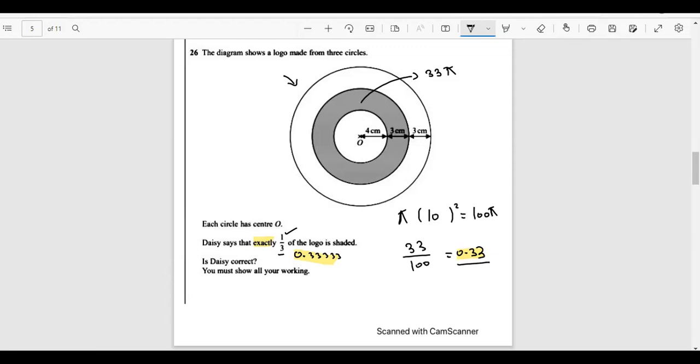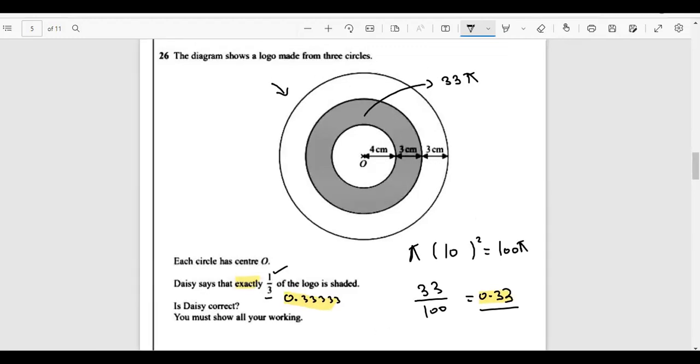So basically what I understood was that first you calculated the area of the entire circle, that is 100 pi. Then you did pi times 7 squared, which gives 49 pi, the gray and white area, and then you did 49 pi minus 16 pi, which gives you 33 pi.